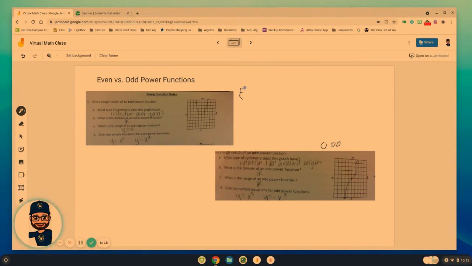When we talk about solutions and when we talk about solving, we are looking for something very specific on a graph, right? Solutions are x-intercepts. Okay, we are looking for x-intercepts on a graph typically when we are thinking about a solution.